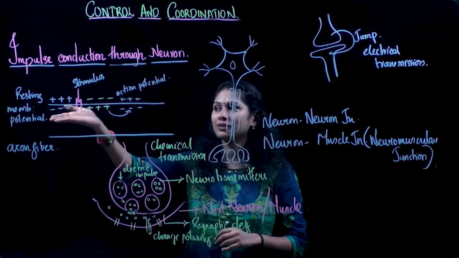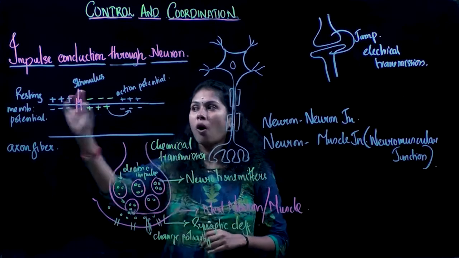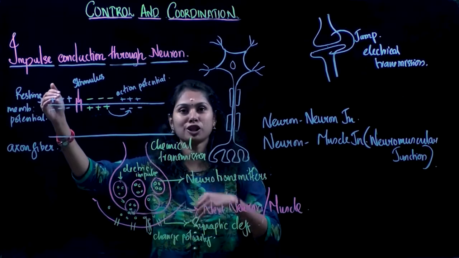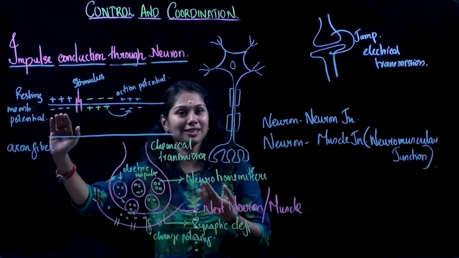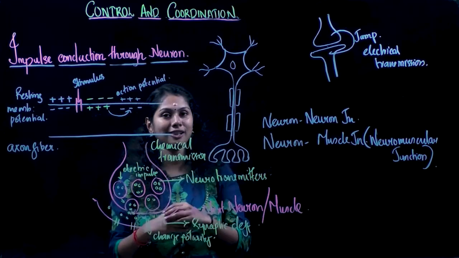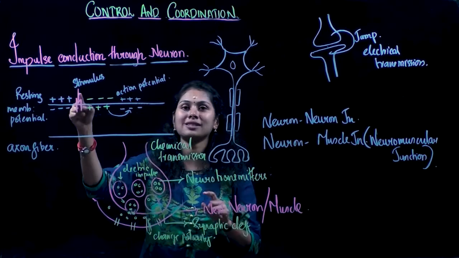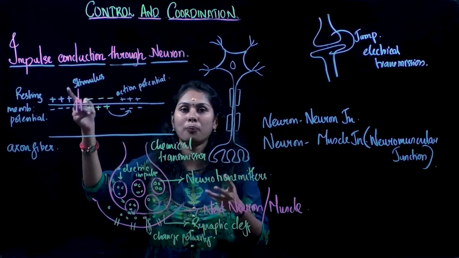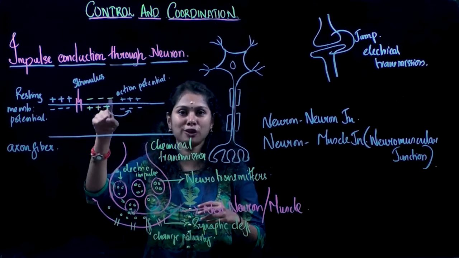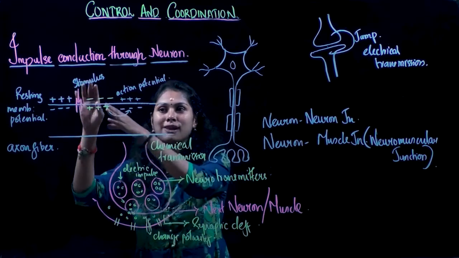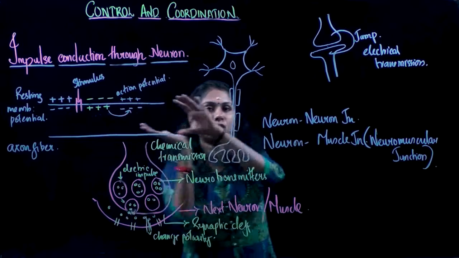Here, first we have seen that in an axon, there is always the resting membrane potential, where the outside will be positive and the inside will be negative in a resting state. And when there is some disturbance, it causes channels in the membrane to open and the polarity of the membrane to change.